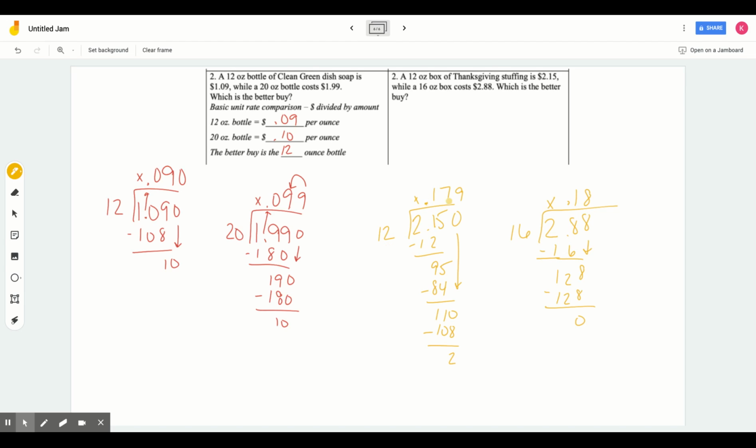This box costs 17 cents and 9 tenths of a cent left over. So if we would round this, we know that this would round to an 8, which would also make this 18 cents. But if we have to compare these directly, we should know that 179 thousandths is less than 18 hundredths. So this box would be the better buy by just a slight amount.